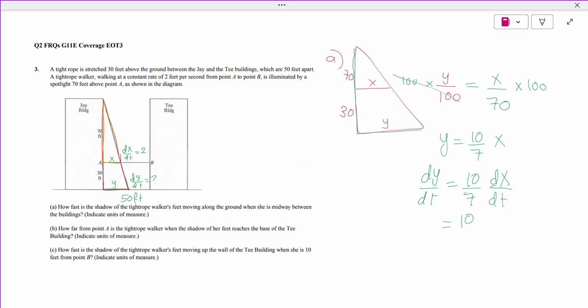So this is 10 over 7, and dx over dt is given, which is 2, so 20 over 7 feet per second. This is part A, 20 over 7 feet per second.